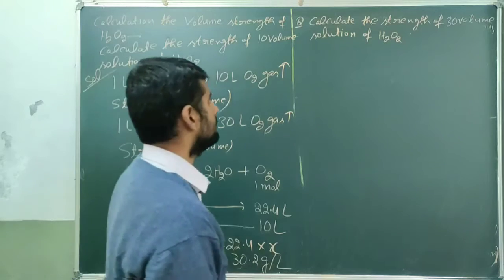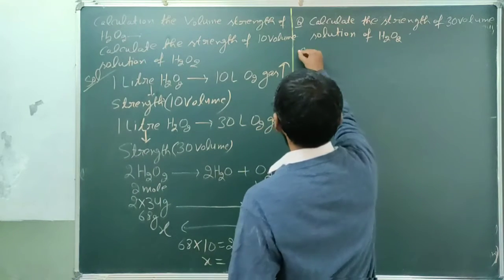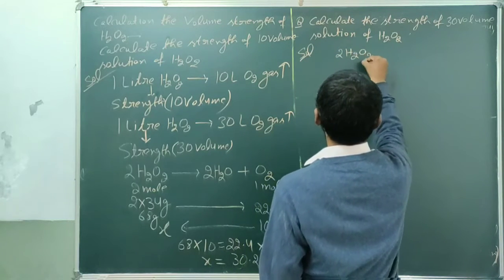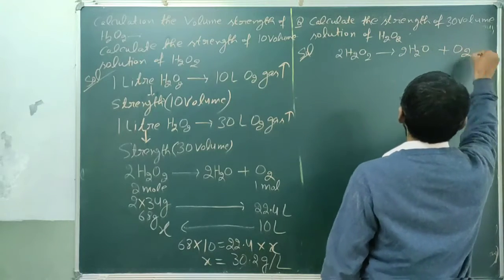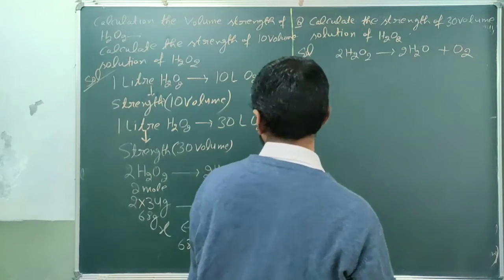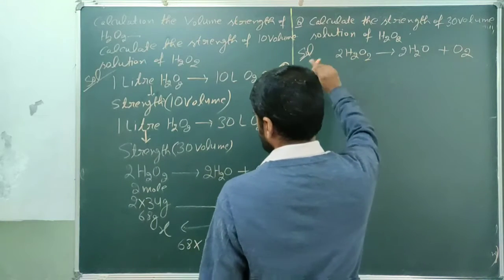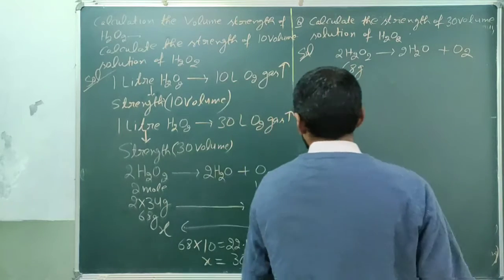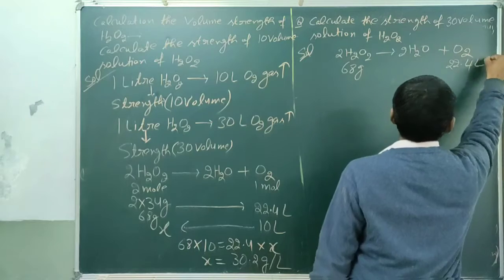So simply, this equation you have to write: 2H2O2 will give us 2H2O plus O2 gas. Is it okay? So I know that 68 gram H2O2 will produce 22.4 liter oxygen gas.